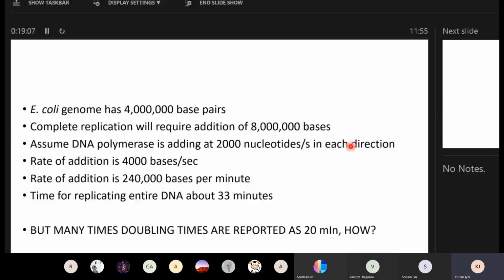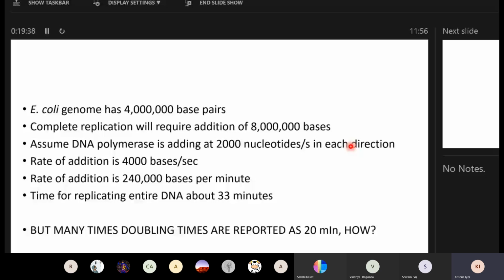So the total rate of addition when replication is occurring from the origin of replication in a bidirectional fashion, where on each side you have a leading strand and a lagging strand, and all are adding at 1000 per second, will be 4000 bases per second. Which means it is 40,000 bases in 10 seconds, or 240,000 bases per minute.